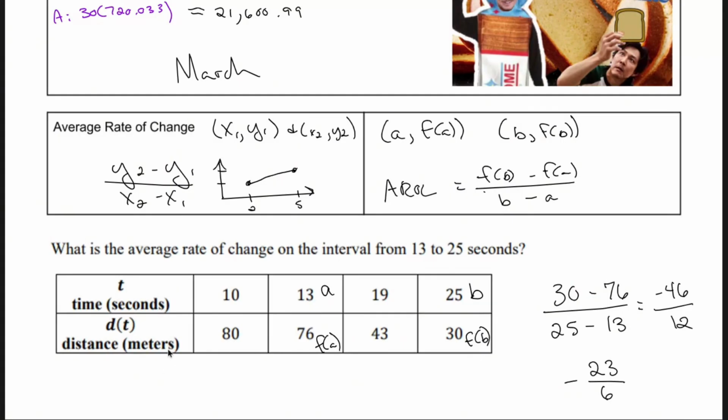Since this is the change in the D of T over the change in the T, it's going to be meters per second. It's going to be distance per time. So whatever random problem this is, our average rate of change is we're slowing down at a rate of 23 over 6 meters per second. That is our average rate of change.